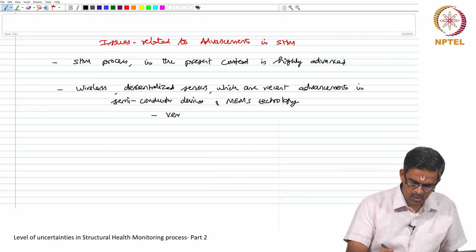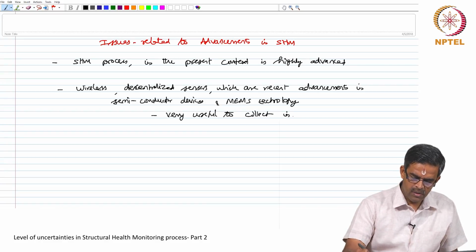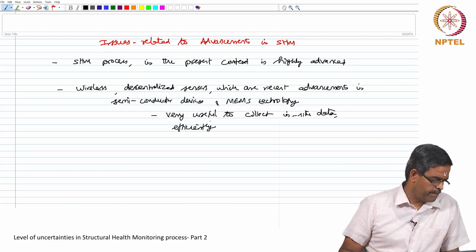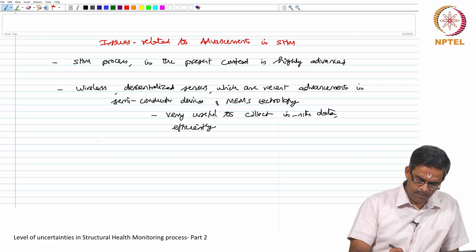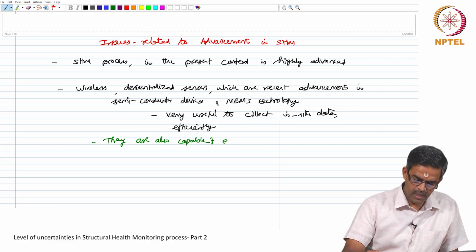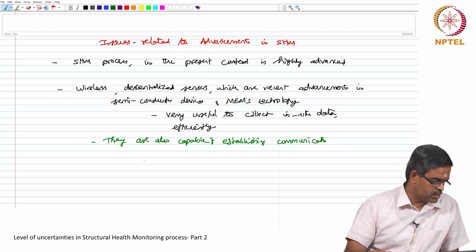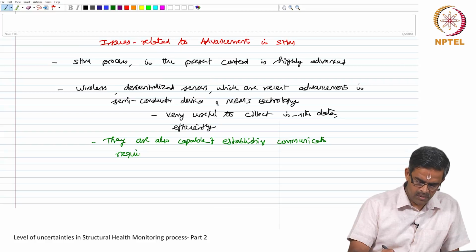They are very useful to collect in situ data efficiently. There is no doubt about it. Interestingly and more importantly, they are also capable of establishing communication requirements between the sensors.